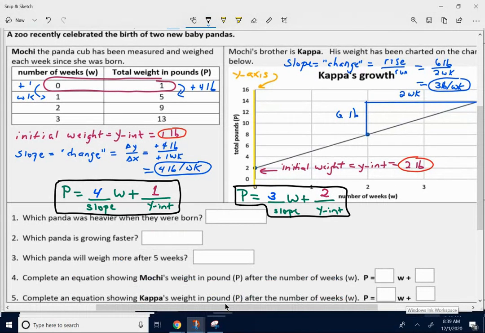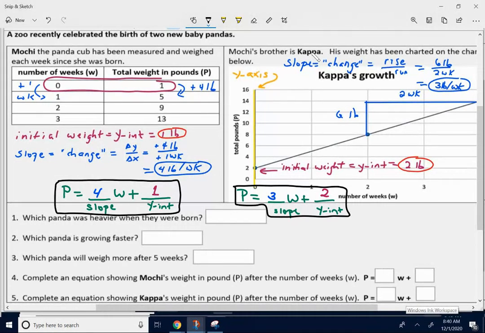If you want to find the equation for Moki and the equation for Kappa, it's going to look like P instead of y equals slope times W instead of x, for weeks, plus the y-intercept. Moki's slope was 4, the y-intercept was 1, so Moki's equation would be P equals 4W plus 1.